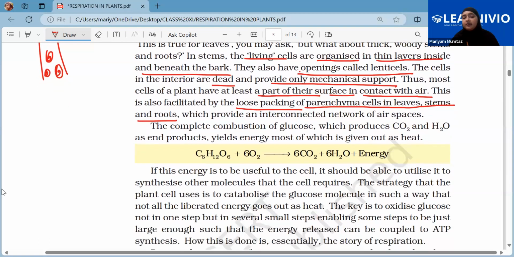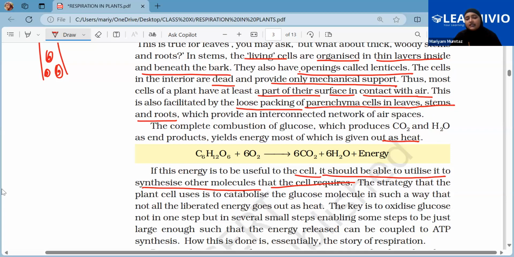Now, the complete combustion of glucose, which produces CO2 and H2O as end products, yields energy, most of which is given out as heat. If this energy is to be useful to the cell, it should be able to utilize it to synthesize other molecules that the cell requires.